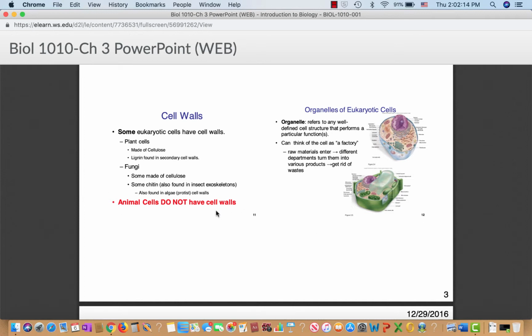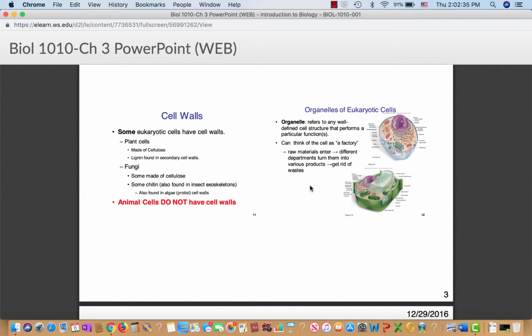But animals proper do not have cell walls. The chitinous exoskeleton is kind of a cell wall, but not in the sense that it's part of the cell itself, like you see over here with the plant cells.